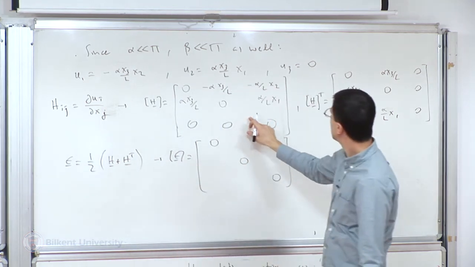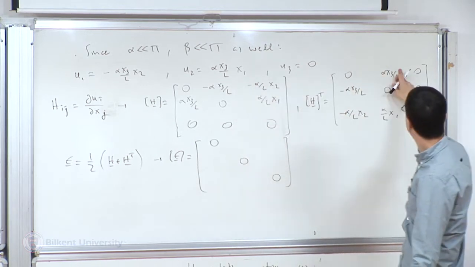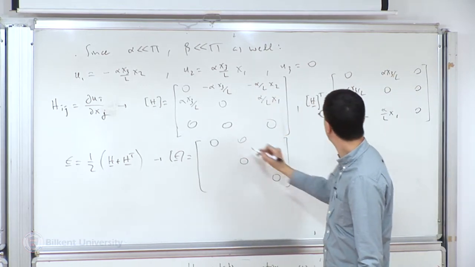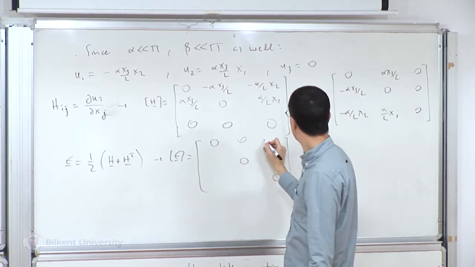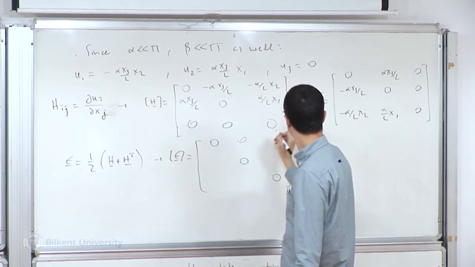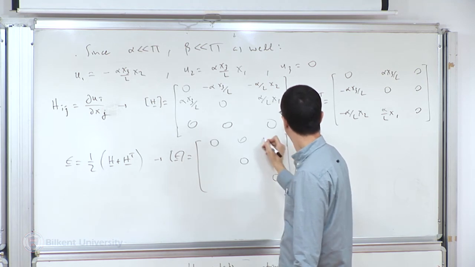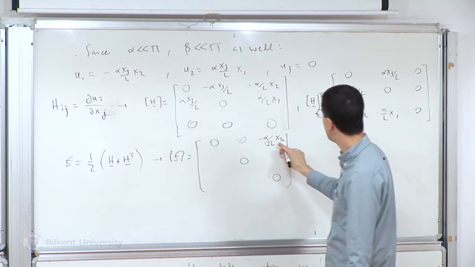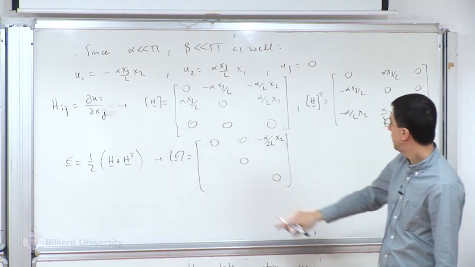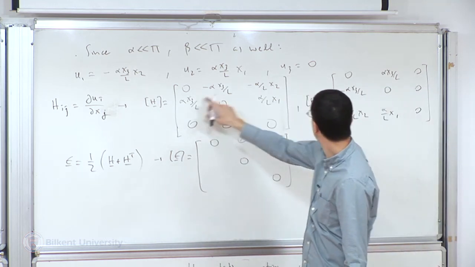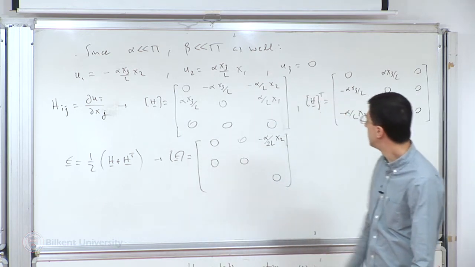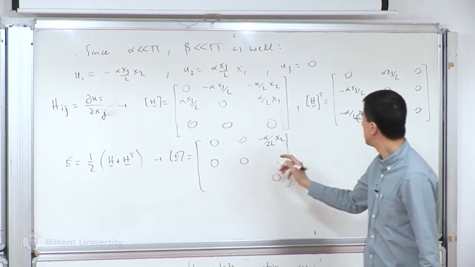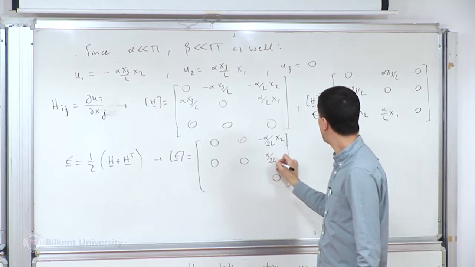And then that plus that, that's a 0. And this, that's a 0, so it's minus alpha over 2L x2. That's the 1, 3 entry. And then the 2, 1 entry, that plus that is equal to 0, right? That's a 0. And the last entry is alpha over 2L x1.